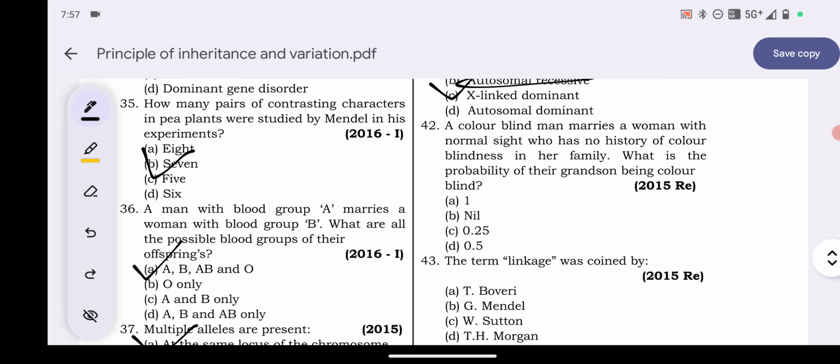So what will the probability be? The answer will be option C, 0.25. Okay. A colorblind man crosses with a normal woman. Out of 4 grandsons, 1 will be colorblind. Probability is 1/4, 0.25.